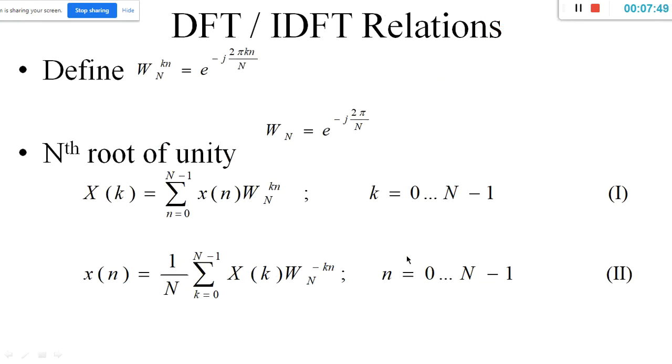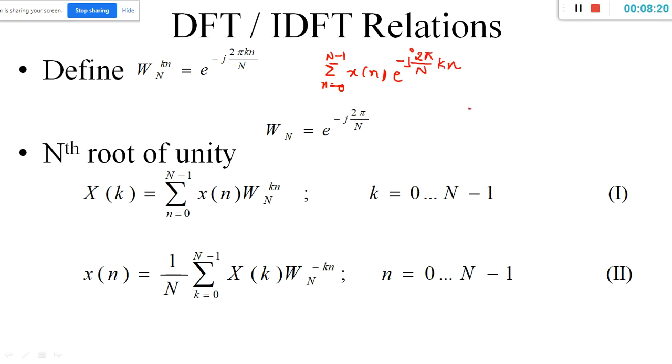Again, the very important point here is that we define e to the power of minus j pi, this equation. In the equation we have summation n equal to 0 to N minus 1, x of n, e to the power of minus j 2 pi by N kn, right?